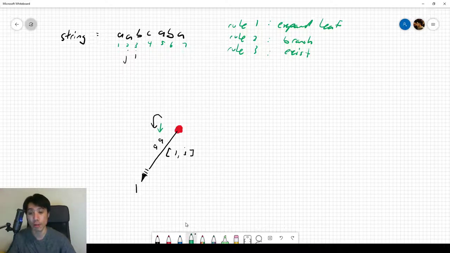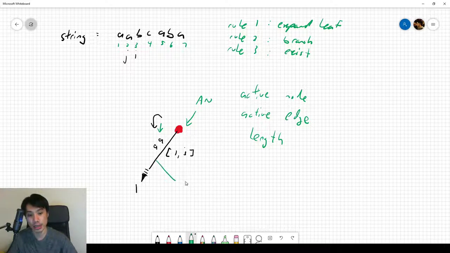If you remember my explanation in Ukkonen, you're going to have your active node, active edge, and active length. My root is my active node.